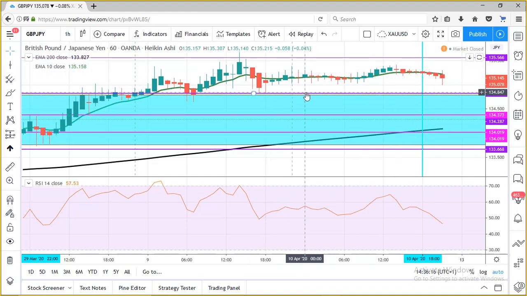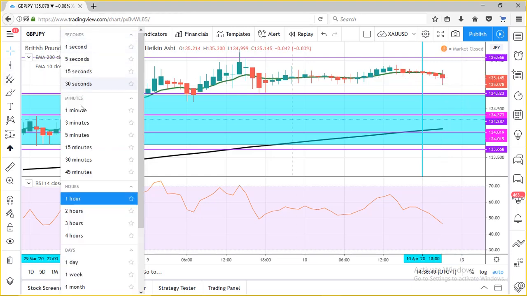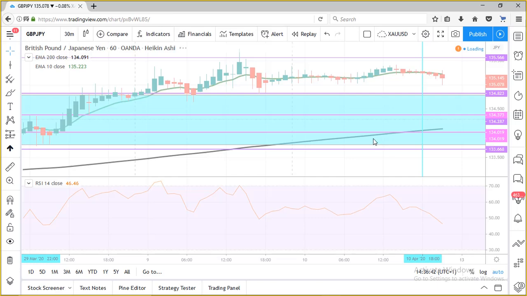We broke through this point, and this is where the price closed. The price closed very close to the body of the candle here. It opened here, it went all the way up, came back and closed, and was forced down here and closed at this point. So let's see if you can gather another information on 30 minutes.